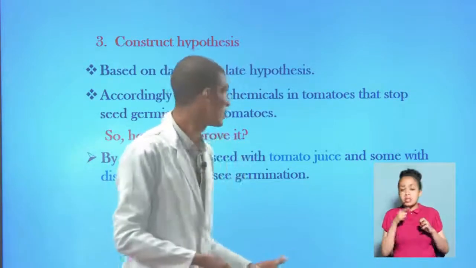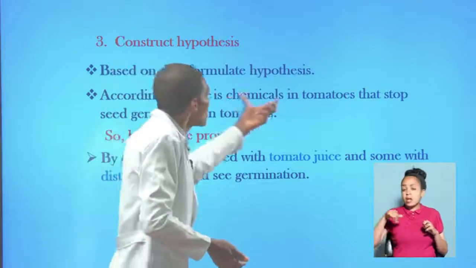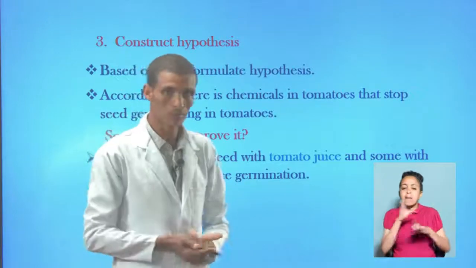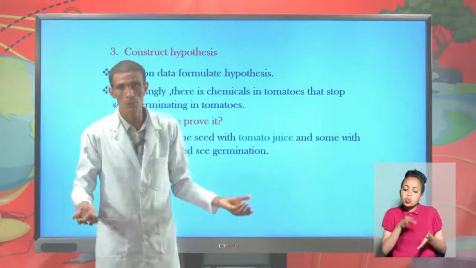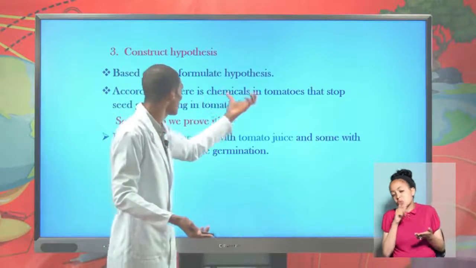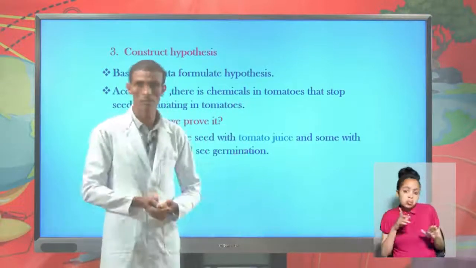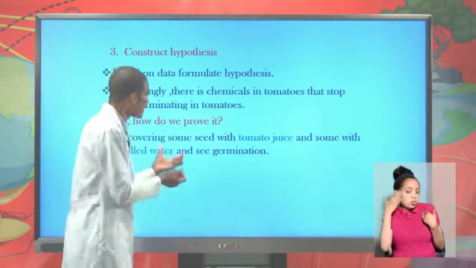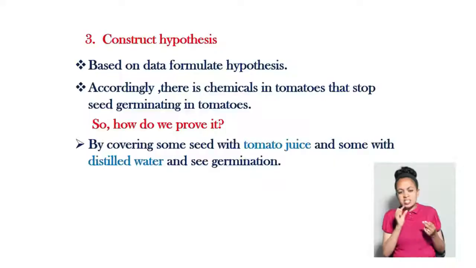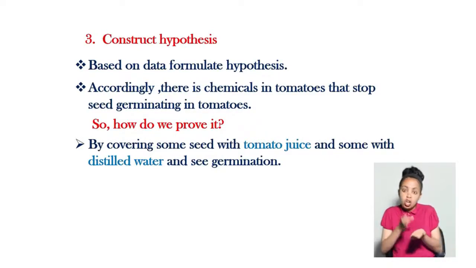So accordingly, there is a chemical in tomatoes that stops seeds germinating in tomatoes. It may not be true. We must identify whether it is because of the presence of a chemical in the tomato or not. How can we prove it? We use one jar that contains tomato juice, adding tomato seed here, and another with distilled water.